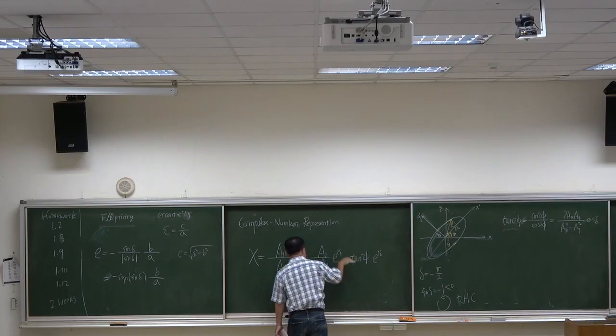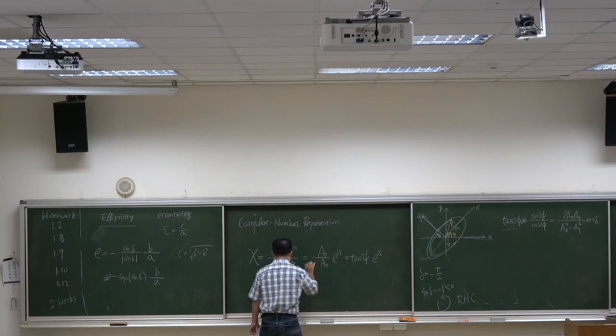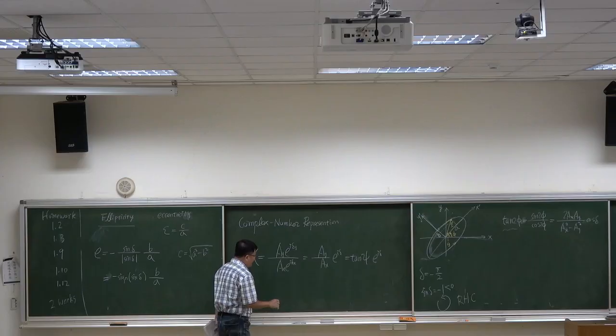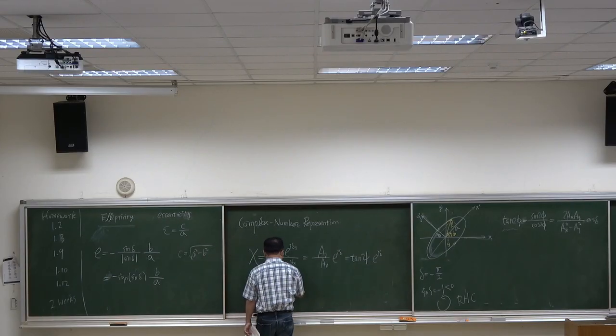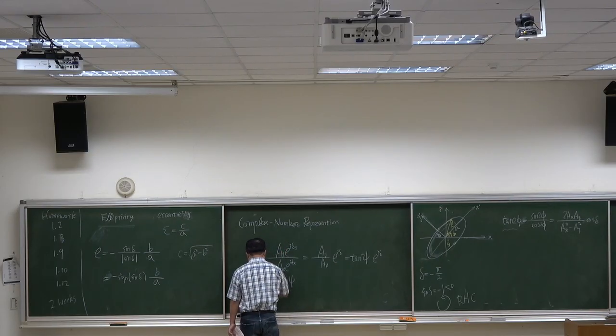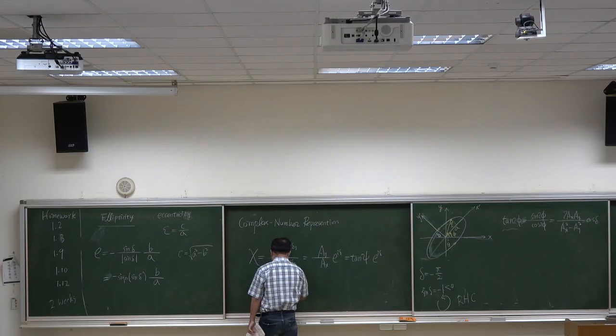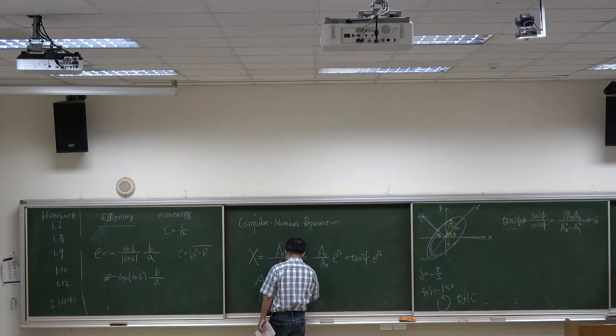Why do we call this tangent psi? That is because we can relate ay to sine psi and treat ax as cosine psi.